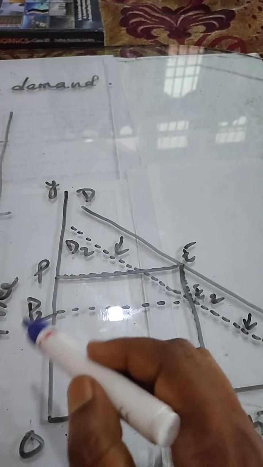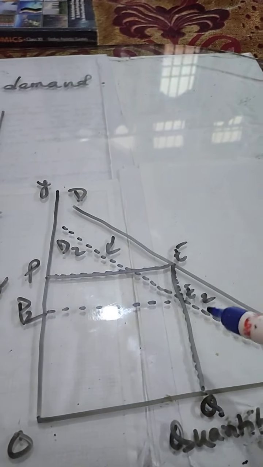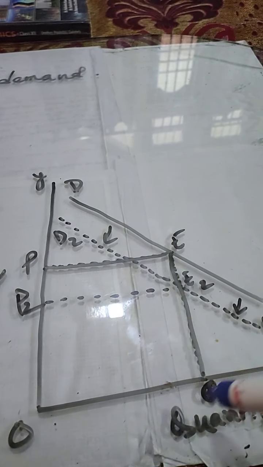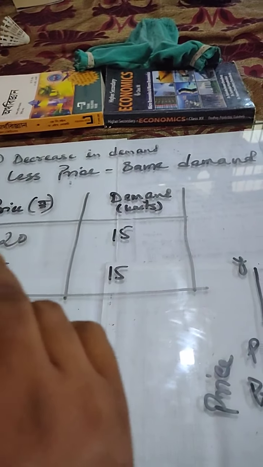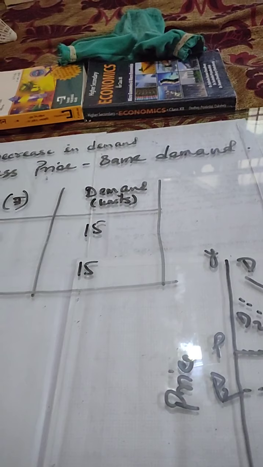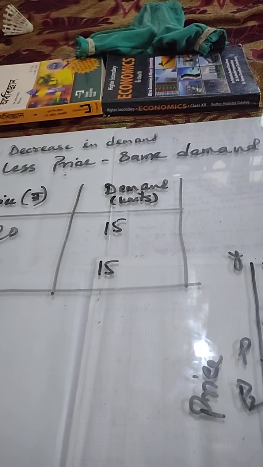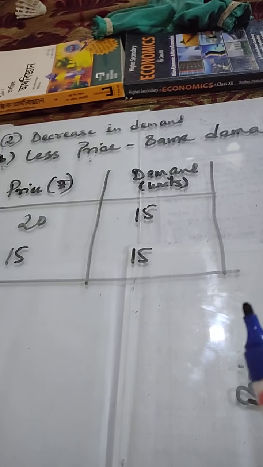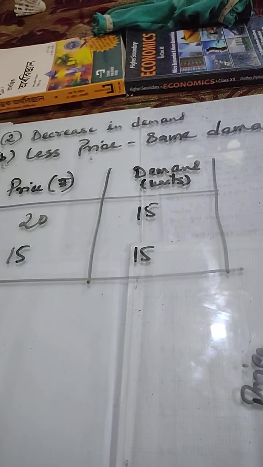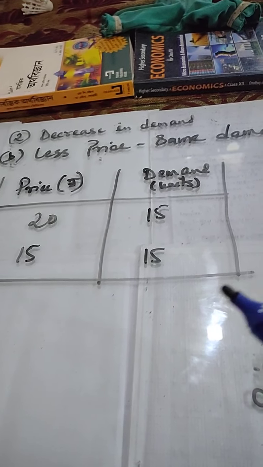As the price of the commodity falls, at the falling price OP2, the consumer is now demanding the same unit of the commodity, this OQ amount. This is actually called less price, same demand. That is, the consumer demand indirectly declines in the market. As a result, consumers are now ready to pay just less price for the same demand. Otherwise they will not demand the commodity. That's why the market price of the commodity will decline from 20 to 15.